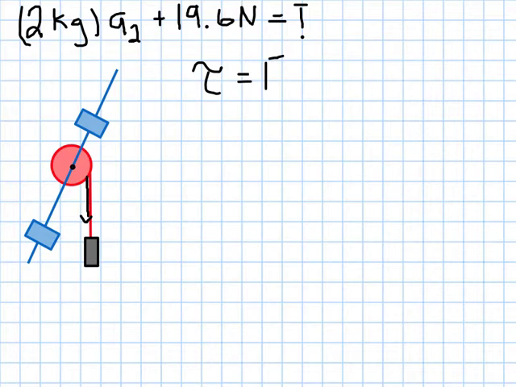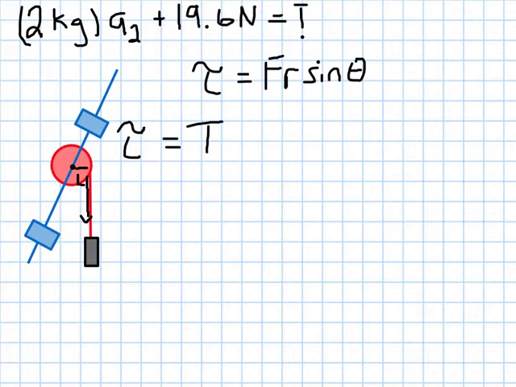Torque is caused when a force acts at an r distance from the center of rotation, and then we take the sine of the angle between those two, the force and the radius, to calculate the magnitude of the torque. Well, in this problem, the force is the tension, the radius is simply the radius of this disc, and the angle between the force and the radius is 90 degrees.